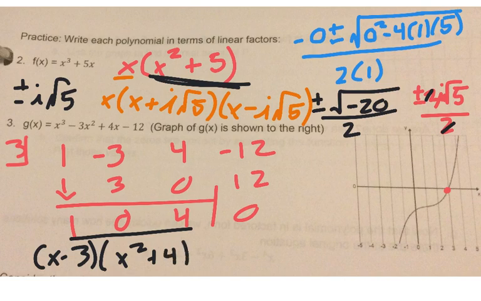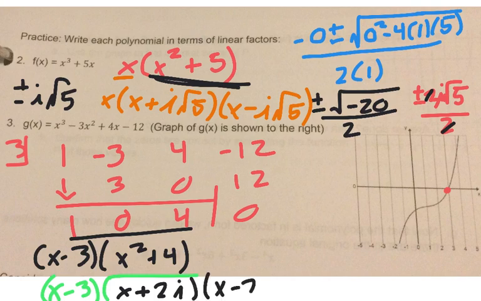And then if I have to make it linear, remember the hack we just saw, little cheat. So this is x minus 3. So from that little hack, this is going to factor to be x plus the square root of 4, which is 2i, times x minus 2i. Again, if you weren't sure of that, you could use the quadratic formula, or you could actually just solve these.